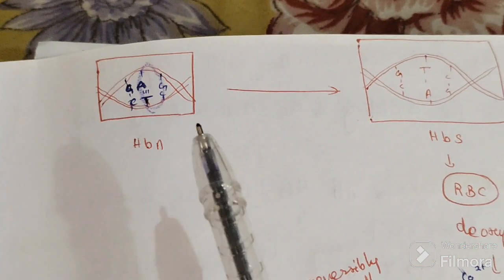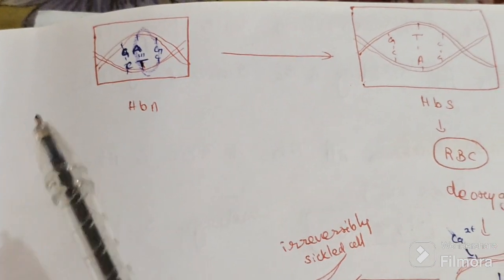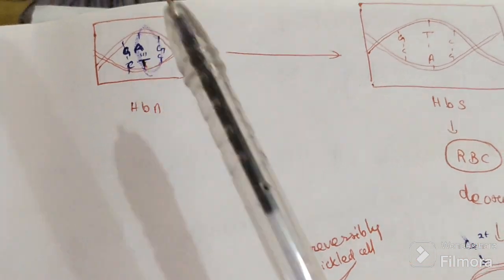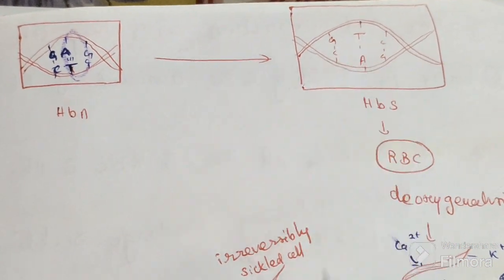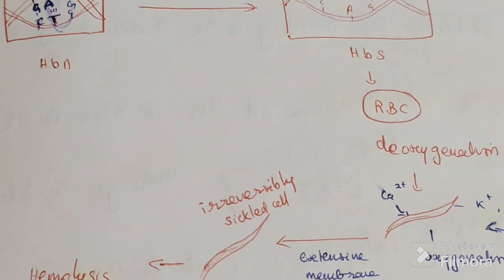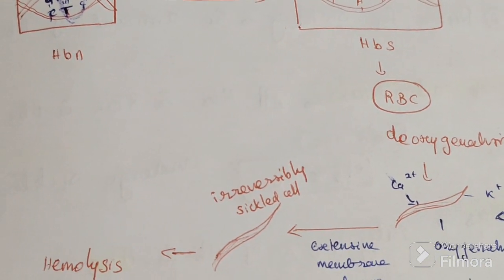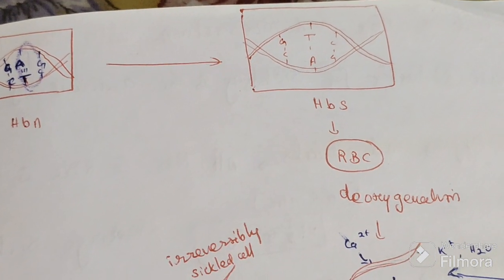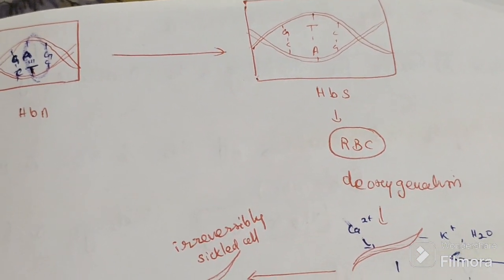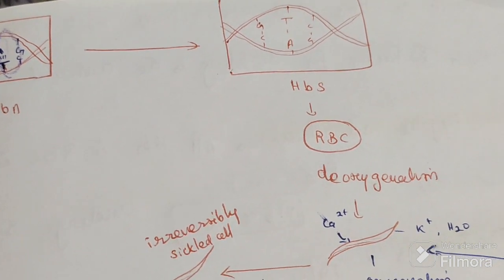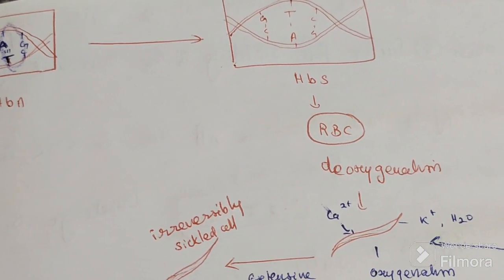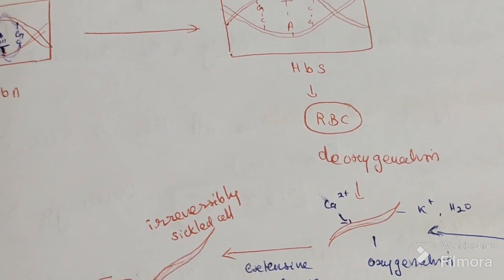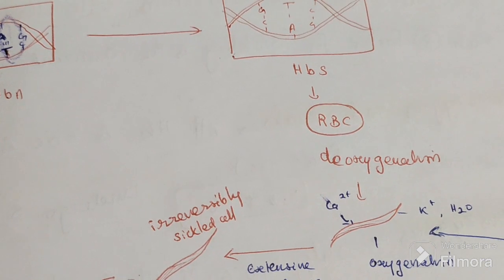This is hemoglobin A, this is GAG, and this adenine is replaced by thymidine. So GAG is replaced by GTG in the DNA, and hemoglobin A is replaced by hemoglobin S. When hemoglobin A is replaced by hemoglobin S, what will happen inside the RBC?